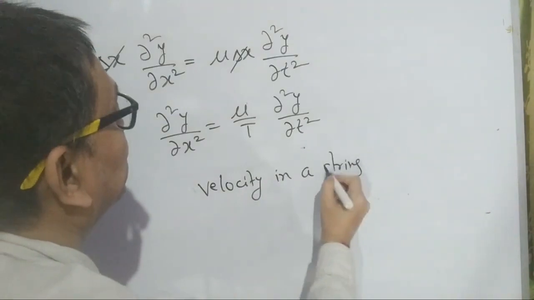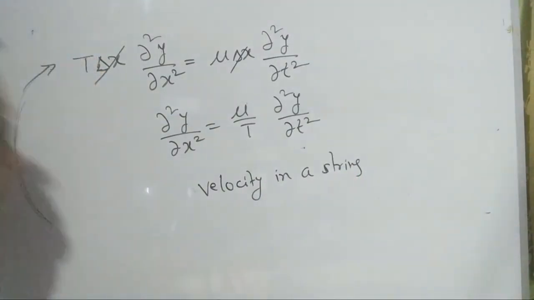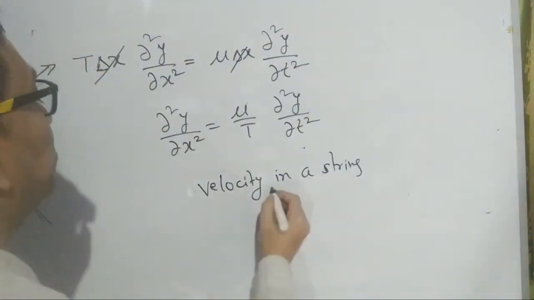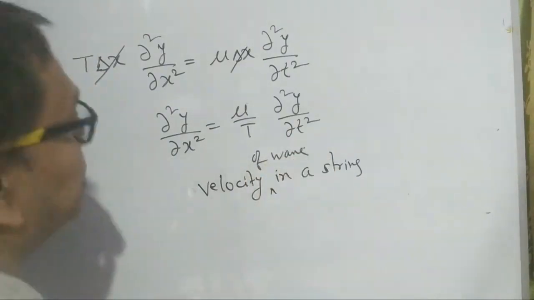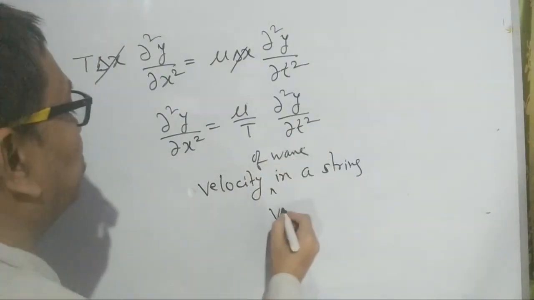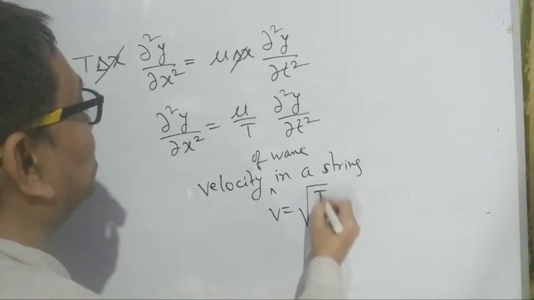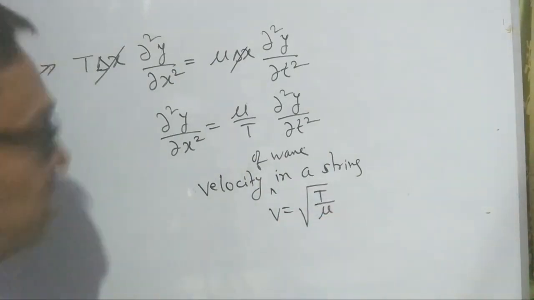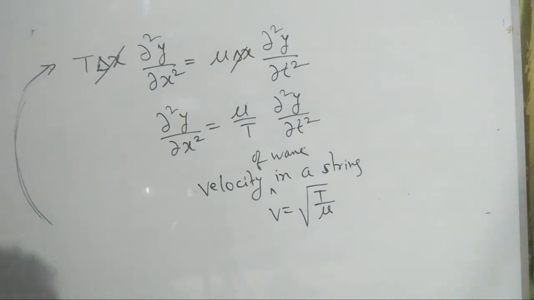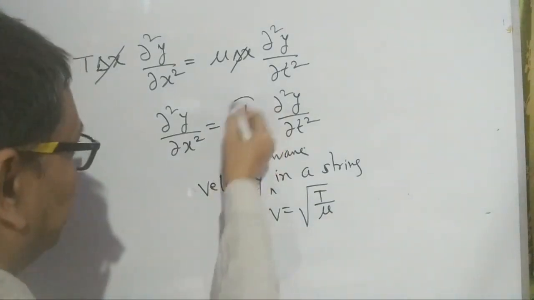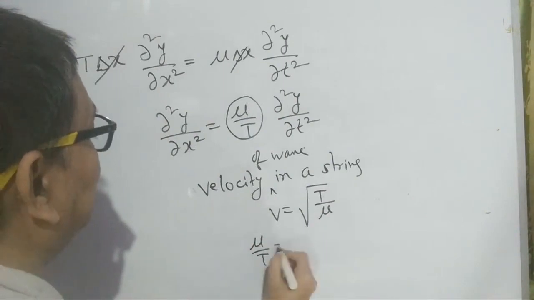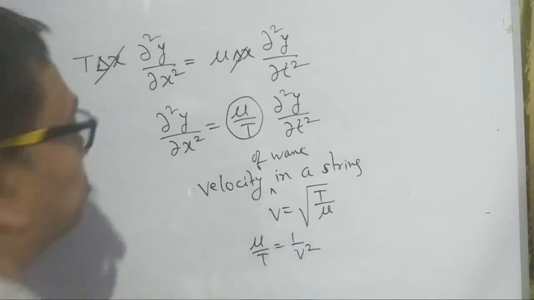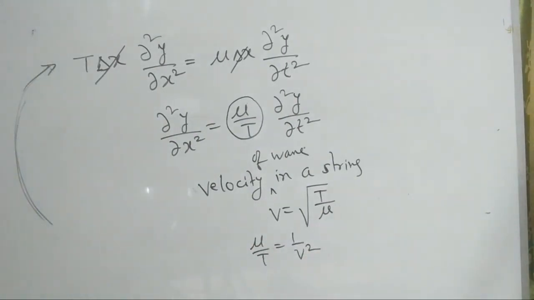In a string, the velocity of a transverse wave is given by v equal to root under tension by mass per unit length. So this parameter mu by T is basically nothing but 1 by v square, 1 by velocity square.